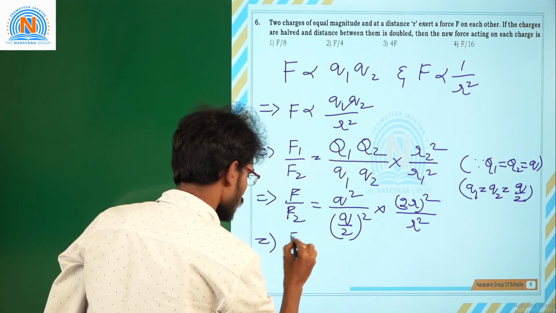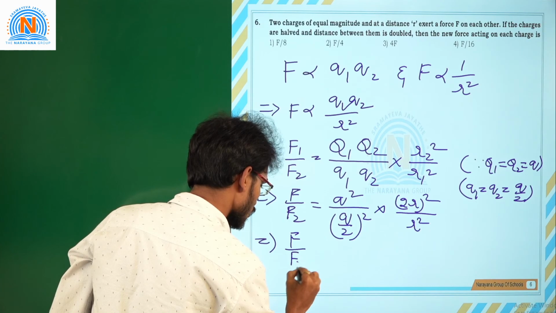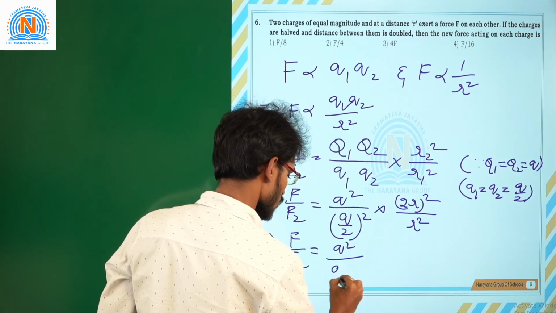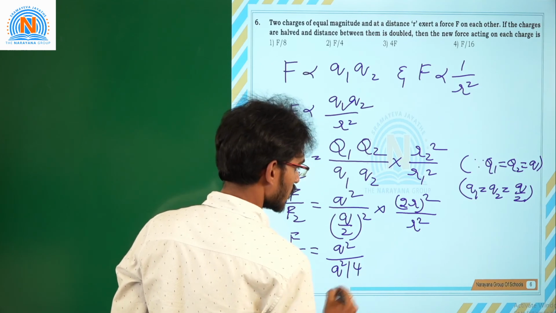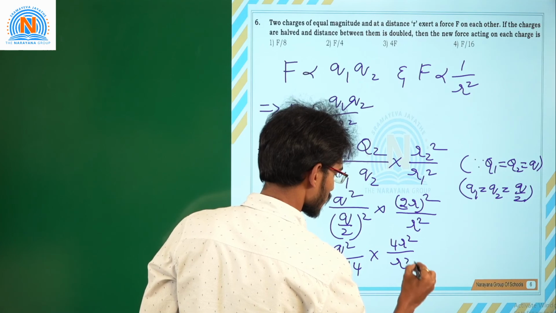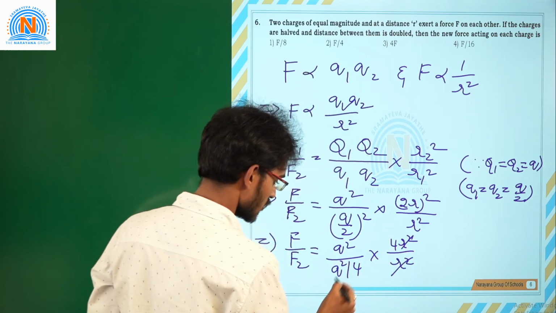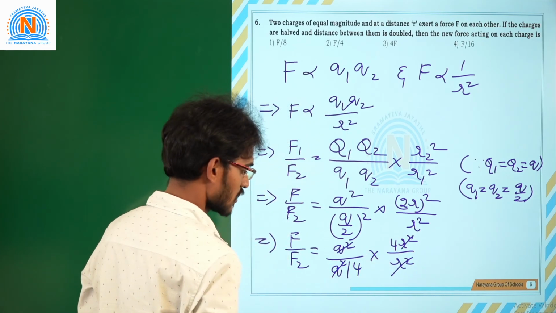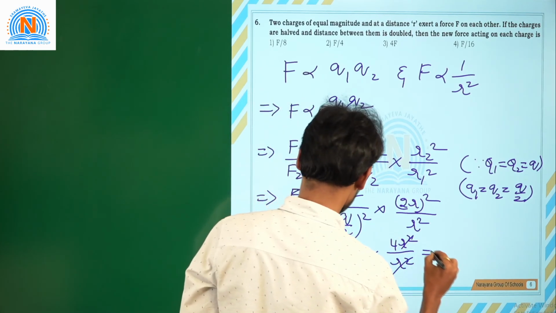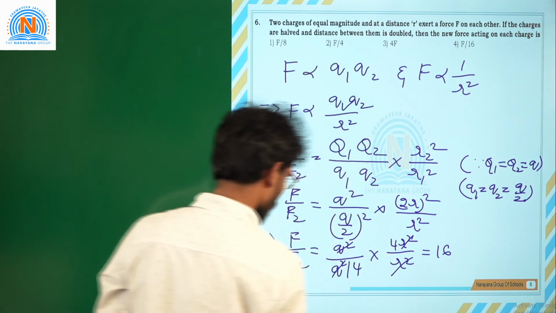Now F by F2 is equal to Q square by Q square by 4, into 4R square by R square. R square gets cancelled, Q square gets cancelled, 4 comes to the numerator, that is 4 into 4, 16.